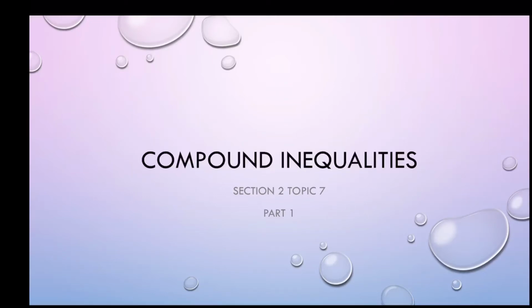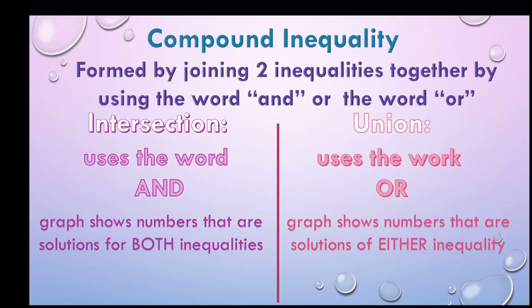Okay, now that we've talked about inequalities, how to graph and solve them, that leads us to compound inequalities. Let's take a look. We have two types of compound inequalities. They're formed by joining two inequalities together, but we use the word and, then we can use the word or.